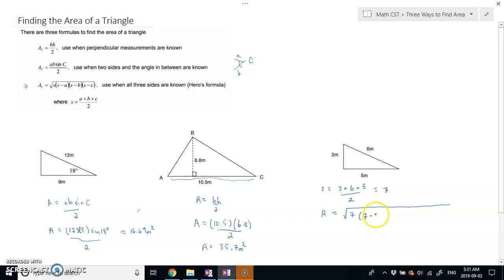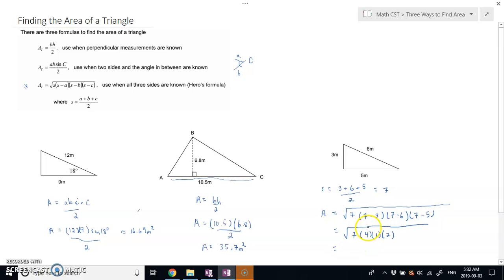It doesn't matter which one's A, B, and C. 7 minus 3, 7 minus 6, 7 minus 5. Okay, so you have to use BEDMAS under the root. So brackets first. 7 minus 3 is 4. 7 minus 6 is 1. And 7 minus 5 is 2.